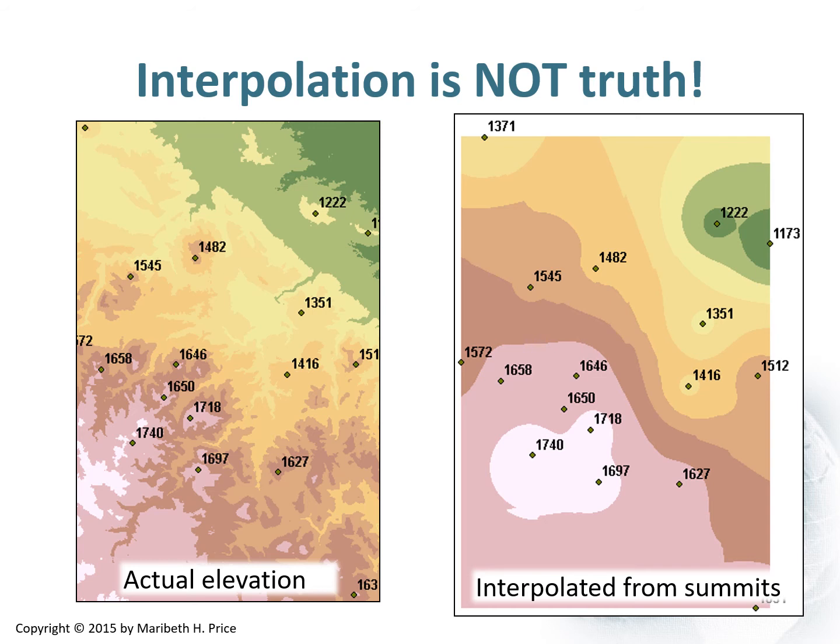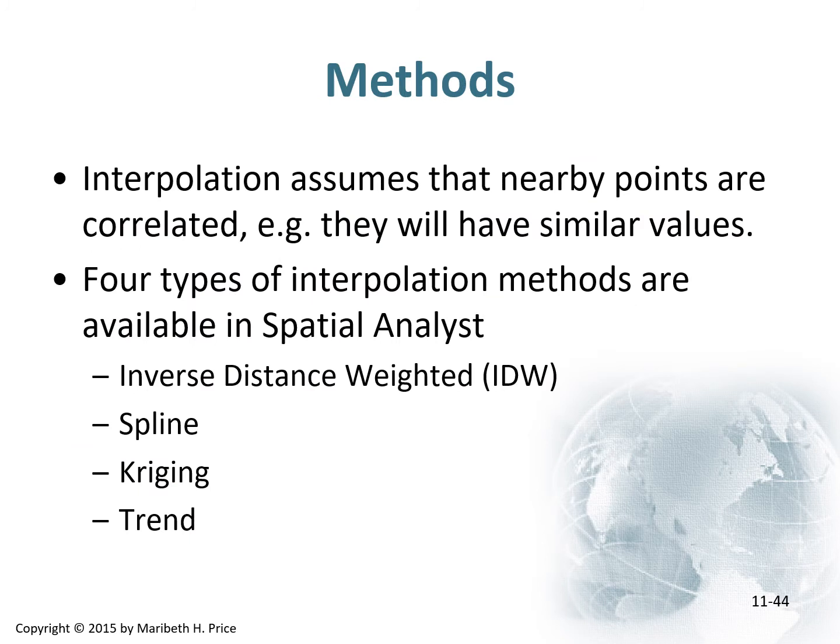And you notice how the whites and the purples and the browns and the oranges and the greens don't look the same. That's because interpolation is our best guess between surfaces. It is not the actual surface. It's not the truth.